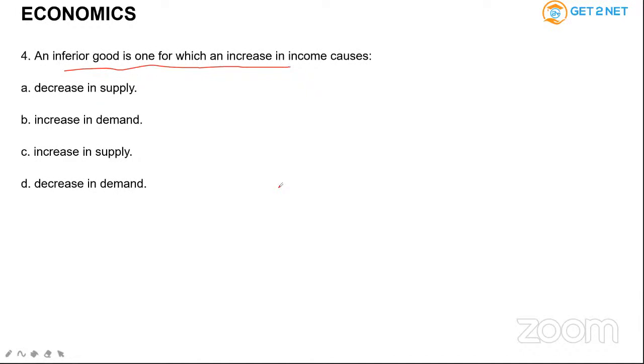Yes, Litika, try to answer this question. Litika, your answer. Just now we discussed. Inferior good है, चाहे इनकम बढ़े तब भी हमारा डिमांड तो बढ़ेगा नहीं ना, because it's a case of inferior goods. We are talking here about inferior goods. So the answer is D.